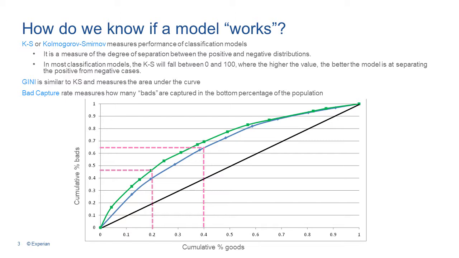The three metrics that we primarily look at are the KS score, or Kolmogorov-Smirnov score, the Gini score, G-I-N-I, and the bad capture rate. I'll explain a little bit about each of these three, but the key is to understand that they measure how well a model is predicting what you want it to predict over not using a model.